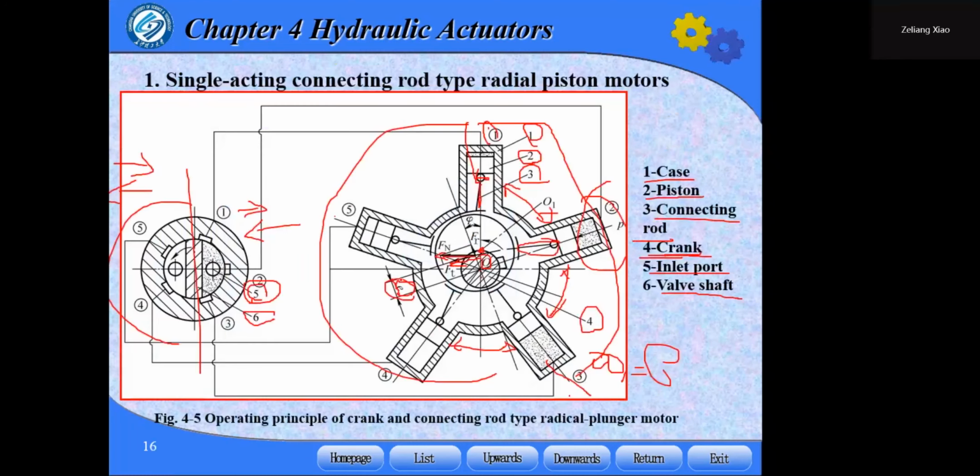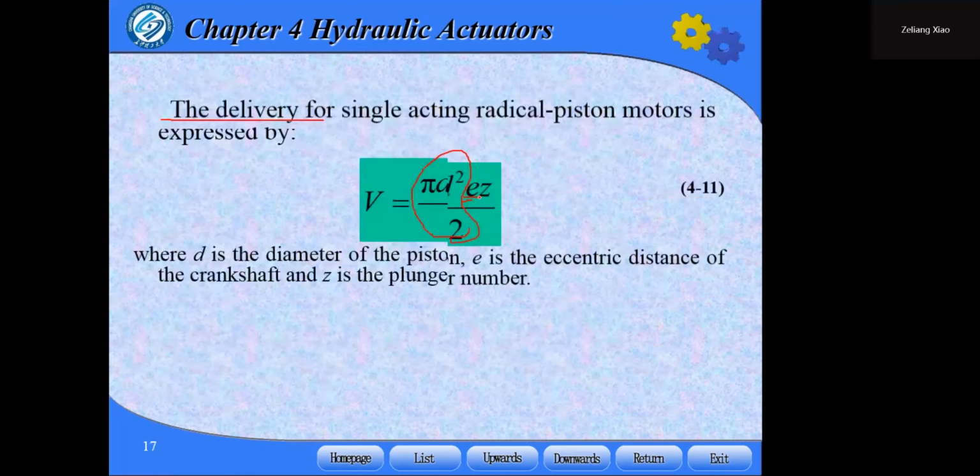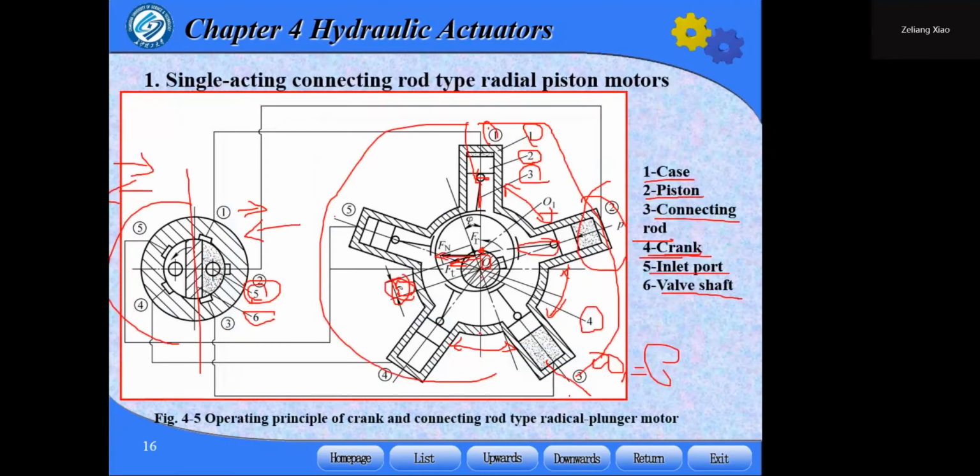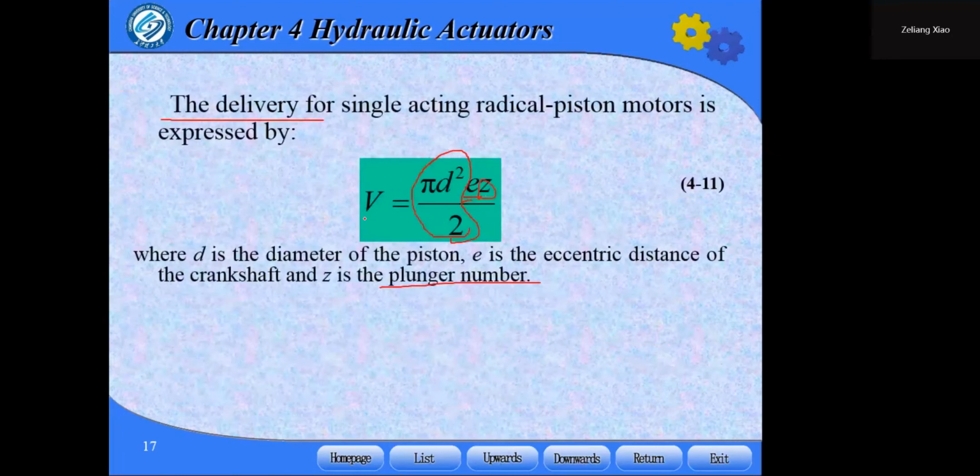Z is the plunger number, so in this case the plunger number is 5. Where d is the diameter of the piston, e is the eccentric distance of the crankshaft or the offset, and z is the plunger number.